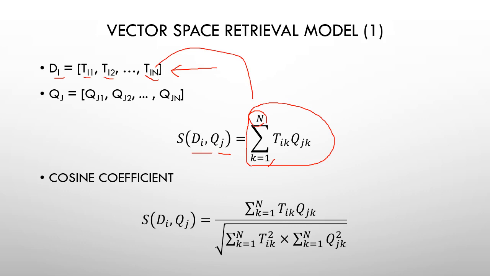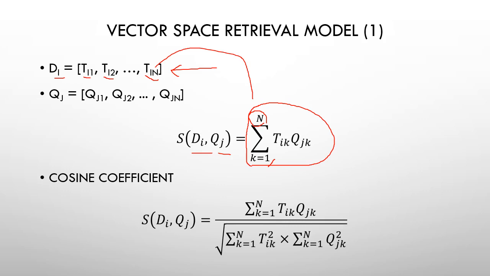And then it is simply a summation of tik multiplied by qjk. tik is the term weight, not the word, not the term itself, but the term weight. And then qjk is also the query term weight.